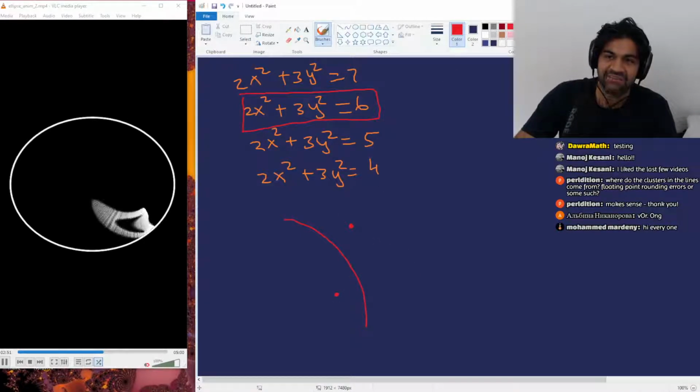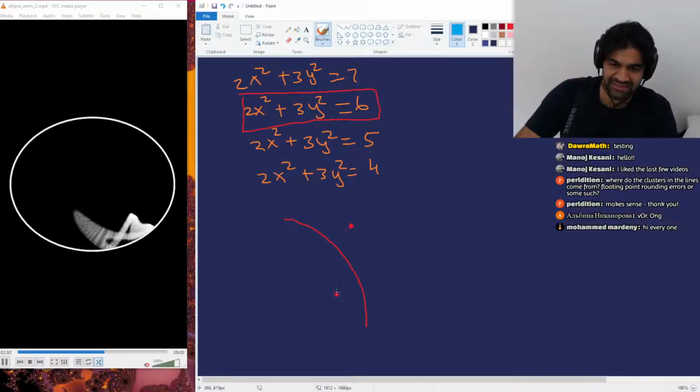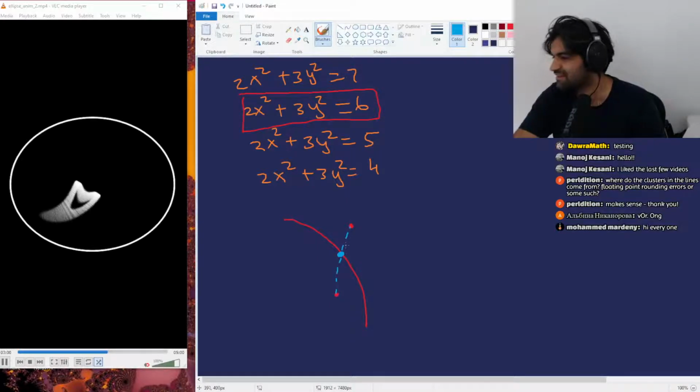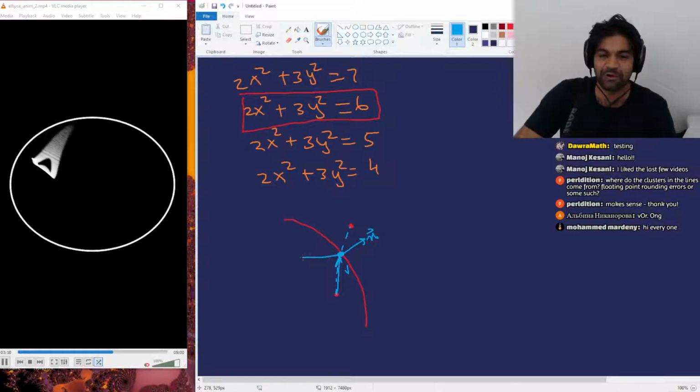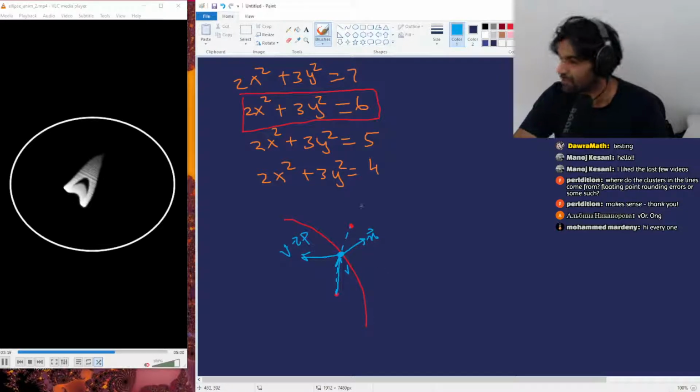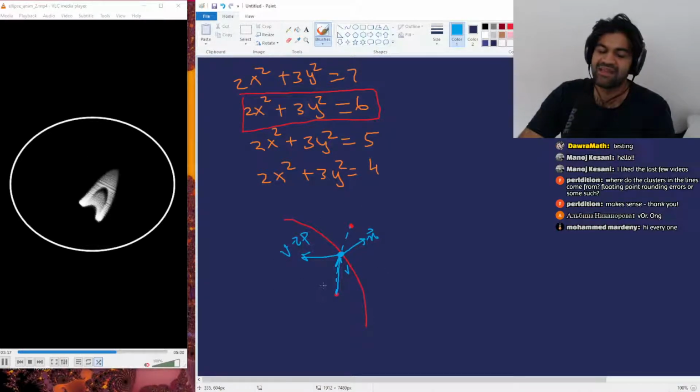Then you would have to think about where it would intersect, which is this blue point, right? And then at that blue point, you would have to compute the normal. And then if this vector is v, you would get this outward pointing vector as v minus 2p, right? Where I talked about how to get p.